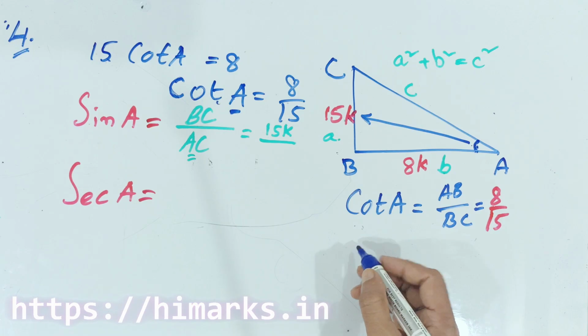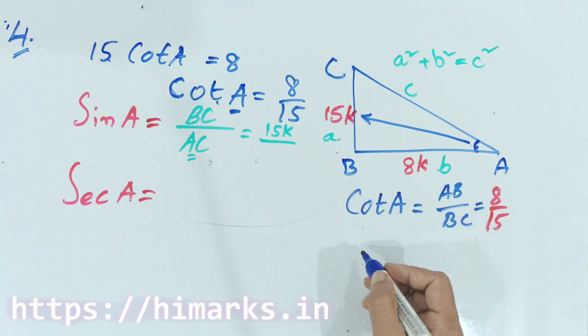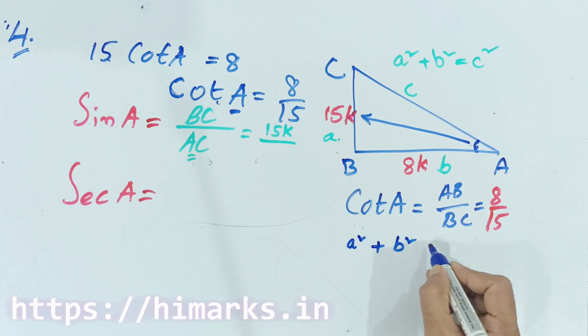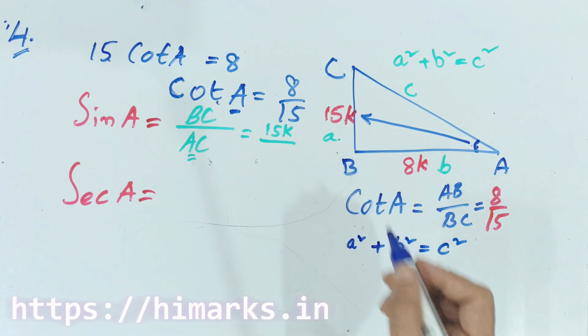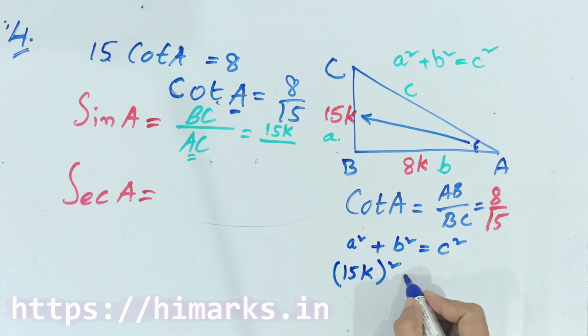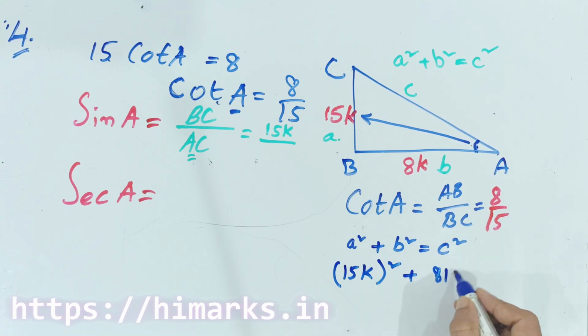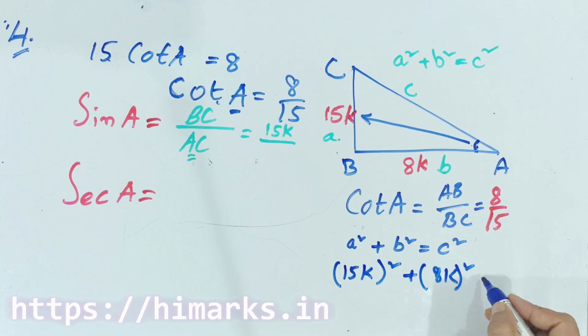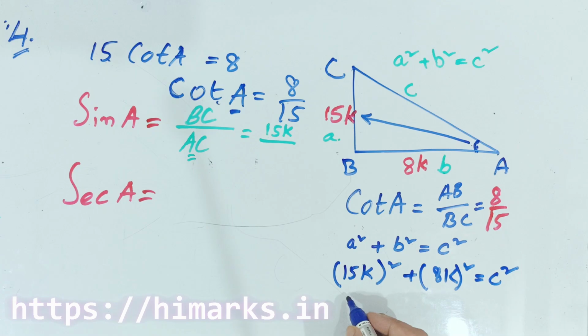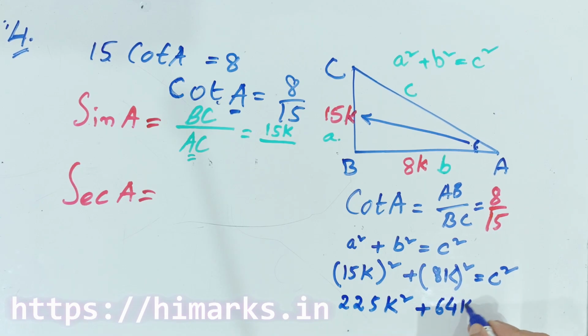In the formula A square plus B square equal to C square, A is 15k and B is 8k, and C we have to find. So 15k squared means 225k square, plus 64k square, equal to C square.